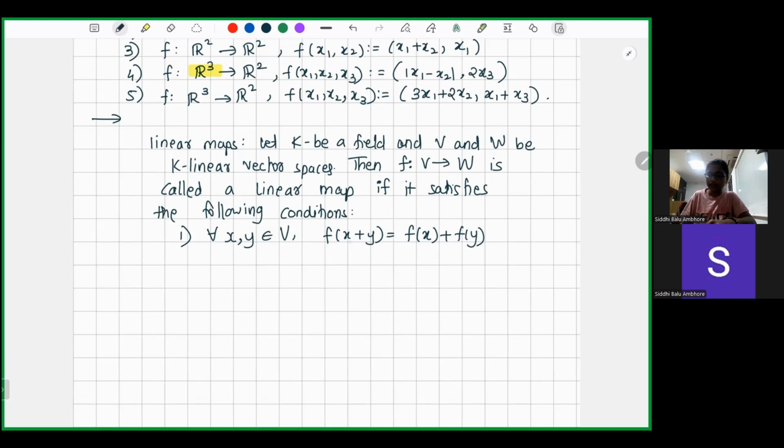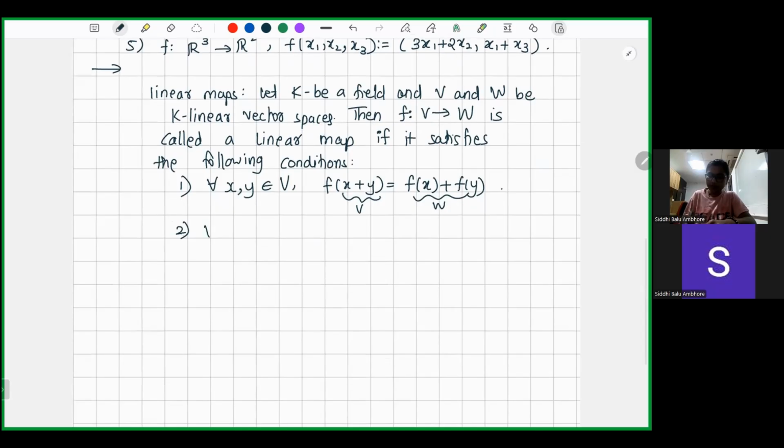So this addition here is happening in V, and this addition here is happening in W. And the second property is for all a in K and for all x in V, we must have f of ax is equal to a into f of x.